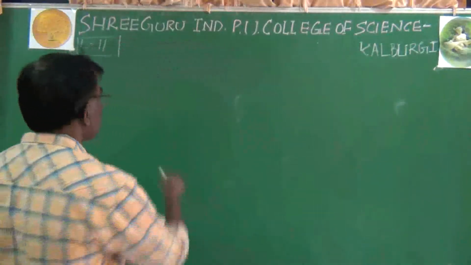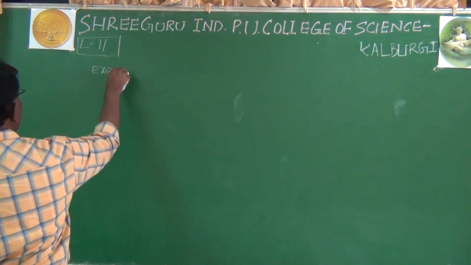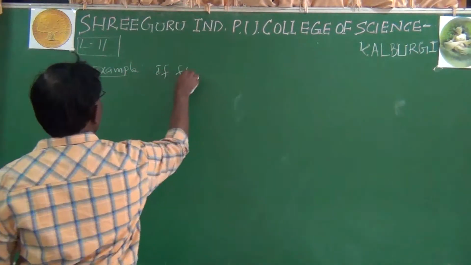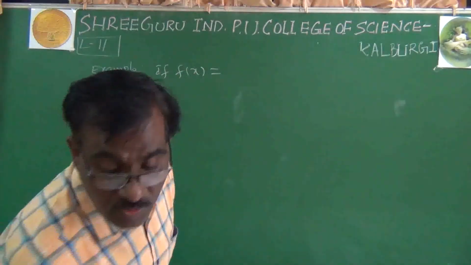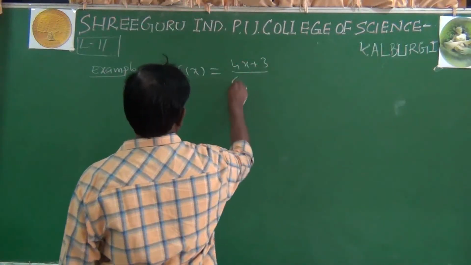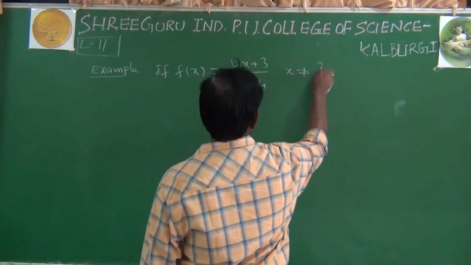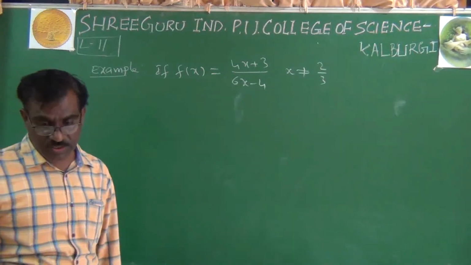If f of x is equal to 4x plus 3 divided by 6x minus 4, x not equal to 2 by 3.